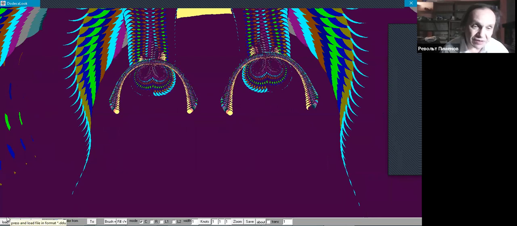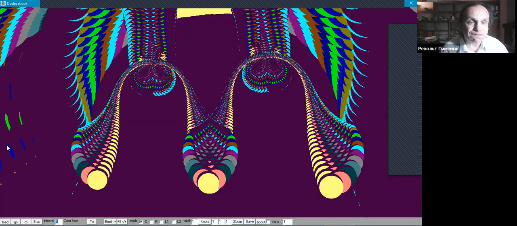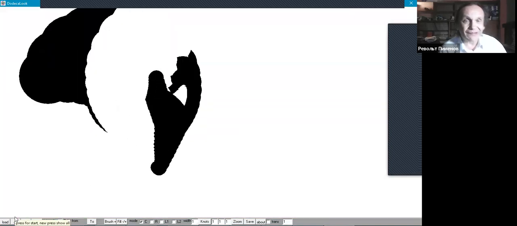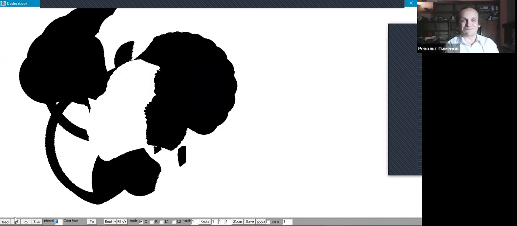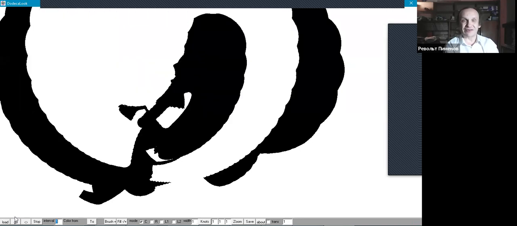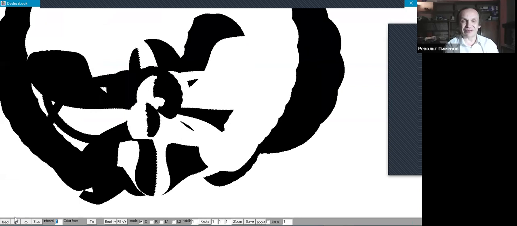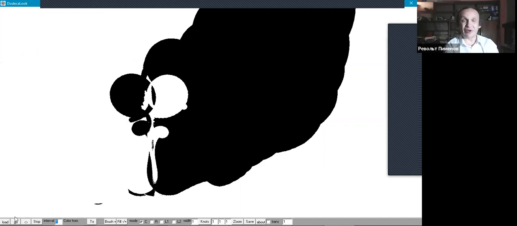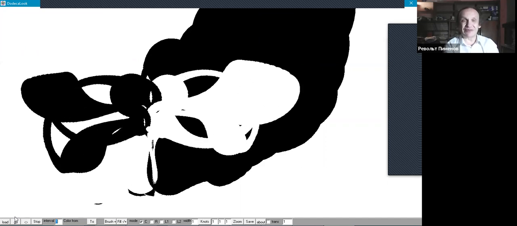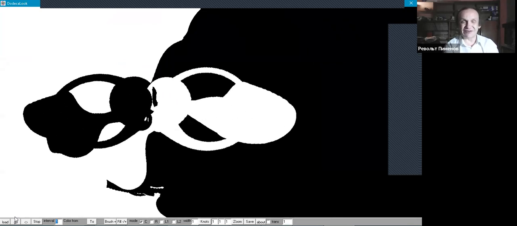Another example. Another style, black and white. It is very interesting playing with black and white. I see here some profiles, some human profiles.